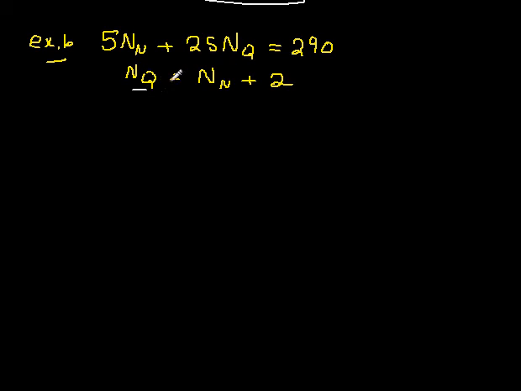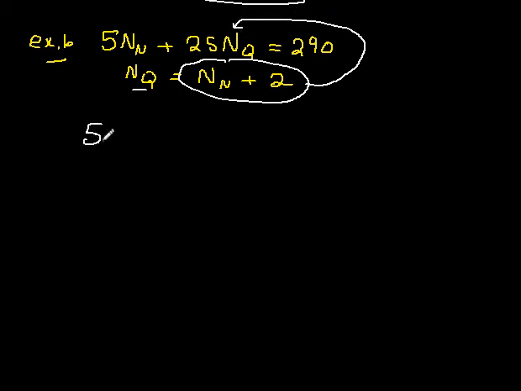So here we go. We're going to substitute the n sub q. We're going to set what it's equal to, and we're going to put it in for where the n sub q is. So we get 5 number of nickels plus 25 times n sub n plus 2 equals 290.